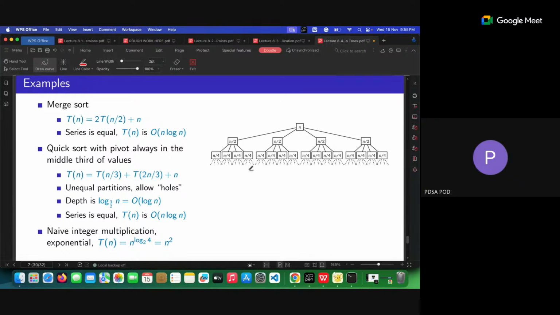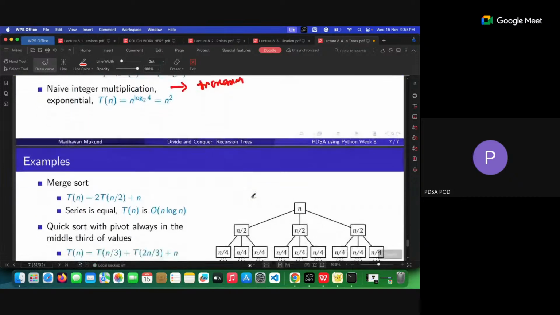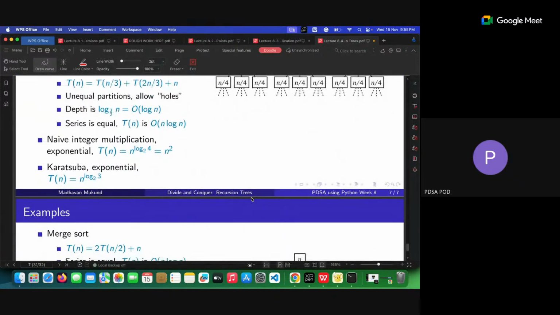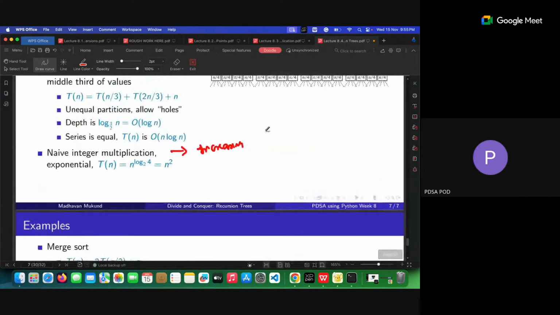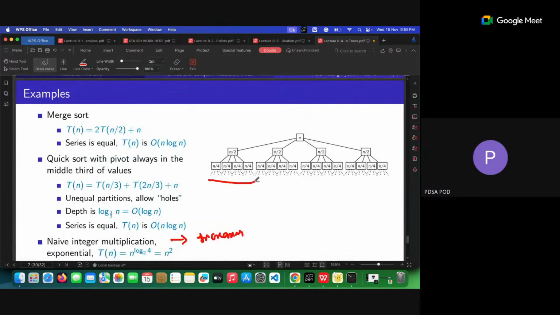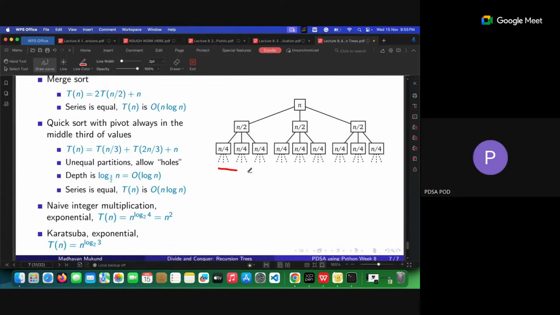It keeps increasing, so it is an increasing one, exponentially. Karatsuba is also exponential, but the only difference is the growth of 3. The naive approach has 4 times for n by 4. With Karatsuba we have only 3 things: the unit place of the first number, the leading place of the first number, and the one across the boundary. So this is three times.